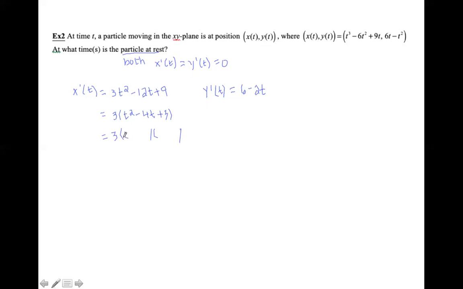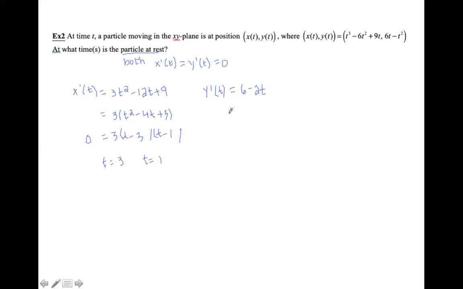So I have t minus 3 and t minus 1. Sorry, the pen is coming out so strangely. If I set that equal to 0, I'm going to have 2 different times that the particle is at rest for the x coordinate: t equals 3 and t equals 1. But remember, I'm looking for where they're both 0.